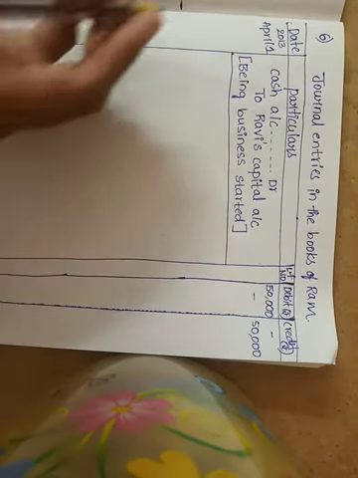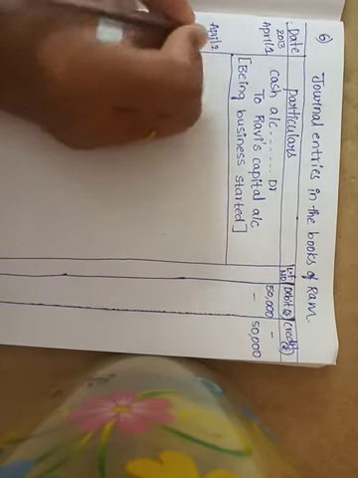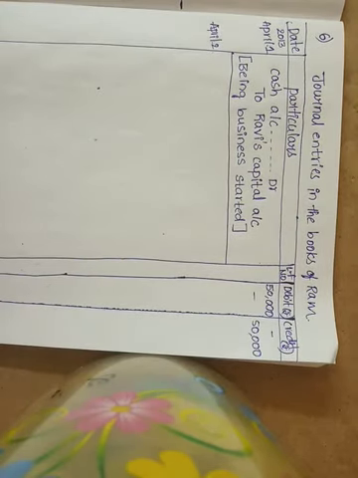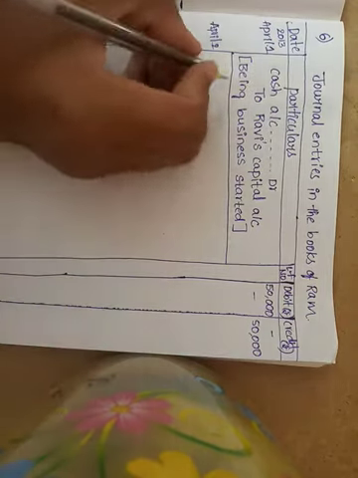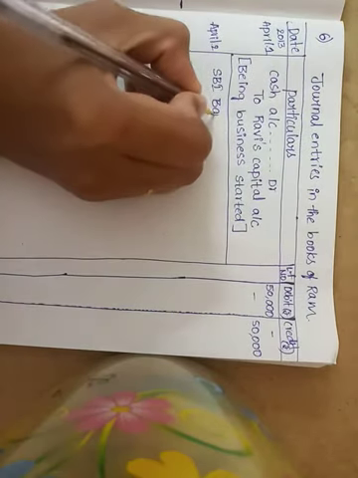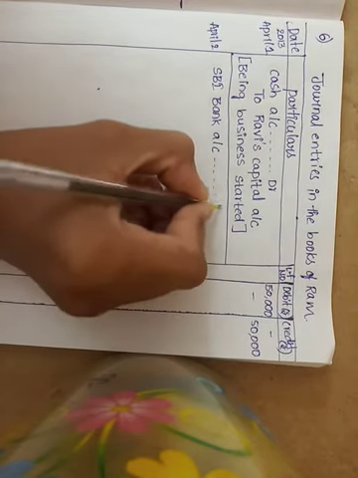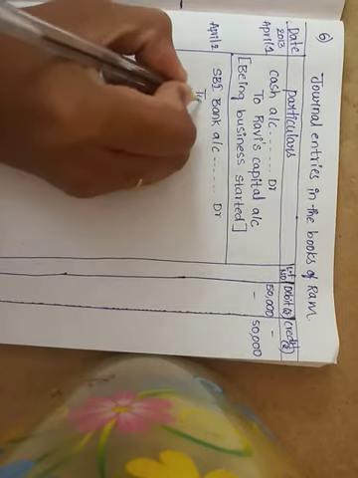Next is April 2nd. What is the entry? Paid into bank. Cash is paid into the SBI bank, so in that bank cash comes in, so SBI bank is debit. From our side cash is going out, so that cash is credit. SBI bank account debit to cash account.